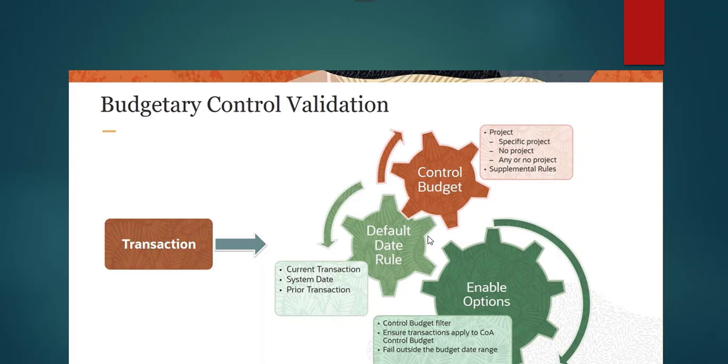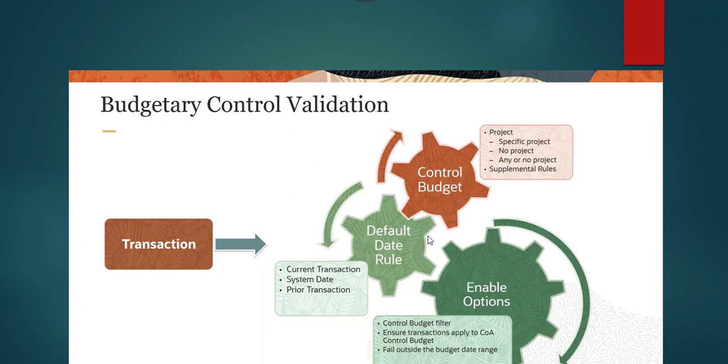I think we have briefly seen this slide before with our transactions being entered. If we have budgetary control enabled, there are a number of settings within our control budgets and also within that manage budgetary control page. Then it will impact how budgetary control validates those transactions.